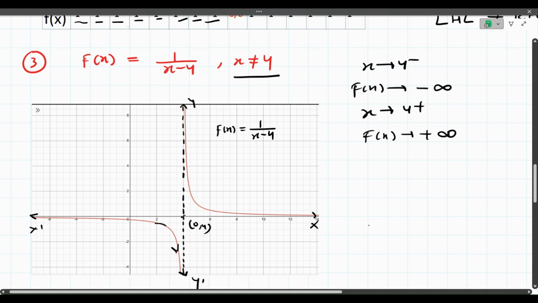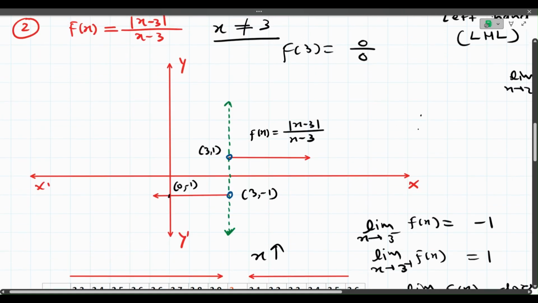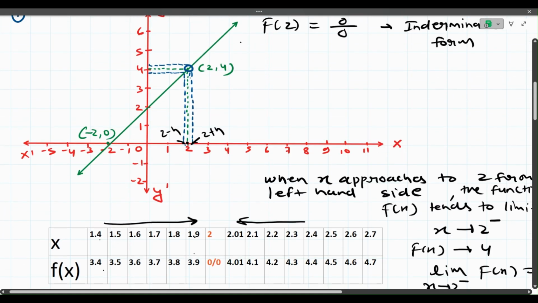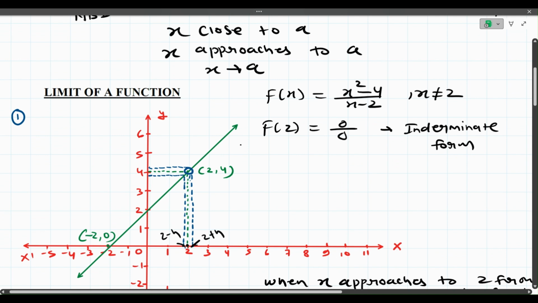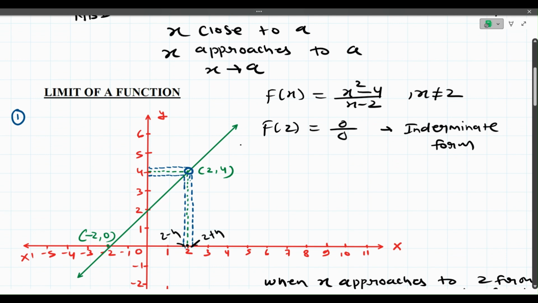Here neither the value of the function at x = 4 nor the LHL and RHL exist. So we can say that RHL and LHL both do not exist. So we saw three cases. In the first case, the value of the function at that particular value does not exist, but yes, the limit at that value exists.